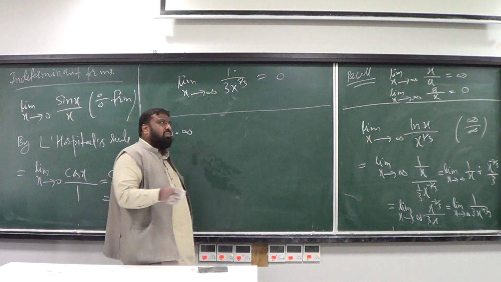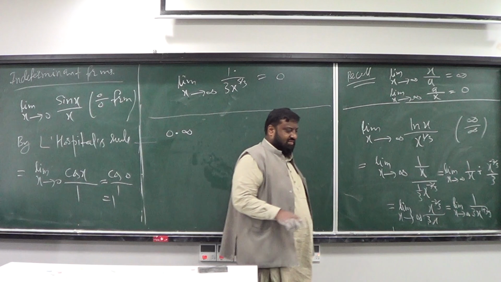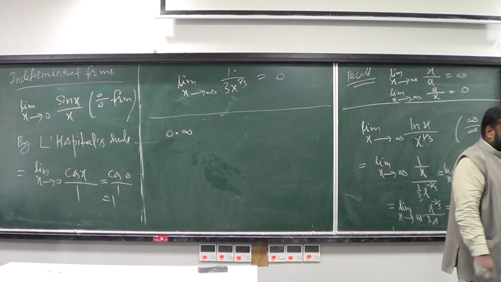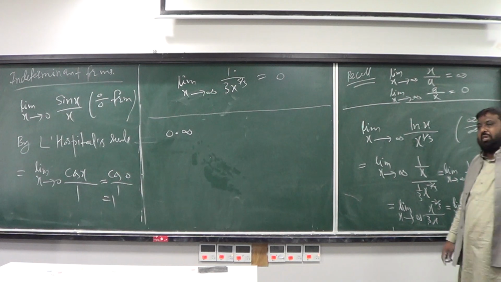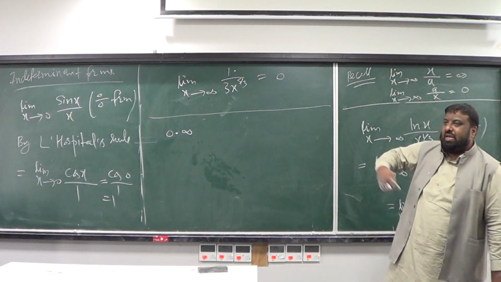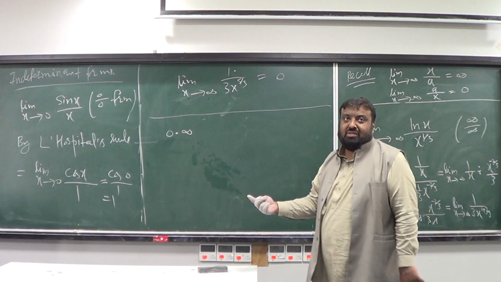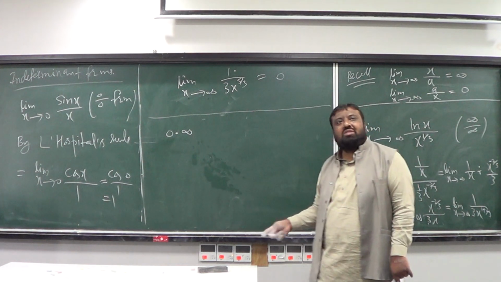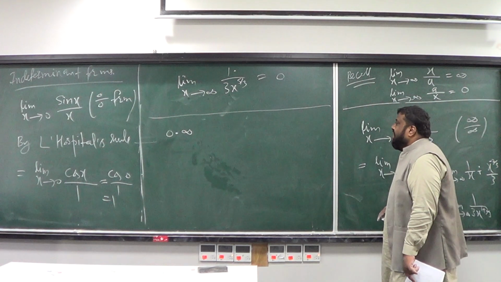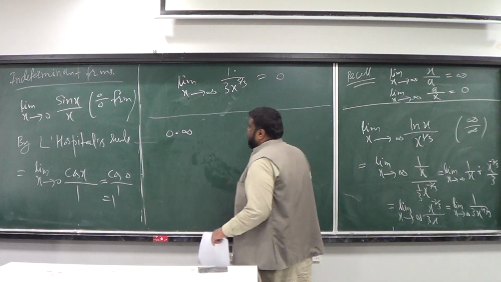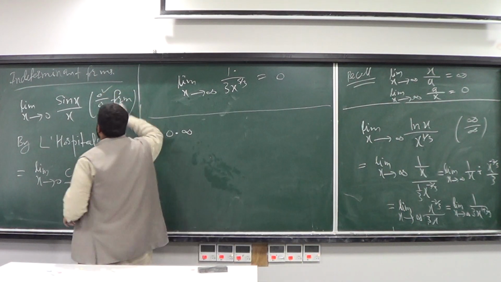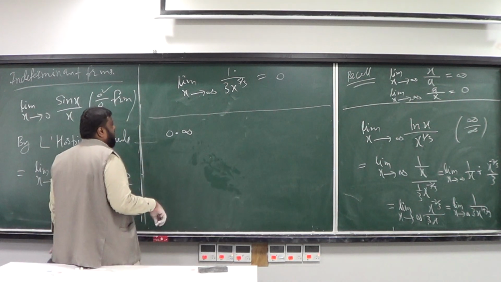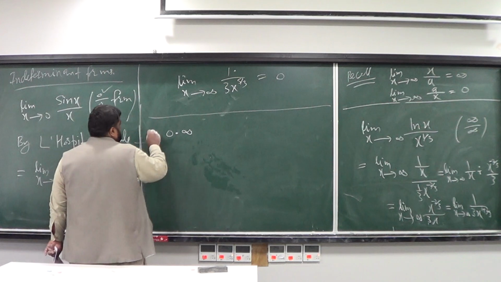What do you mean by 0 multiplying by infinity? You may interpret it as wanting to multiply the 0 infinite times. What do you mean by multiplying the 0 infinite times? So you're going to call this an indeterminate form. So we had 0 by 0 as indeterminate form, infinity by infinity as indeterminate form. So this is the third indeterminate form.